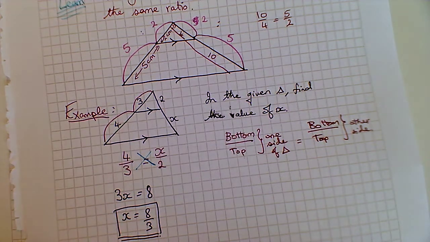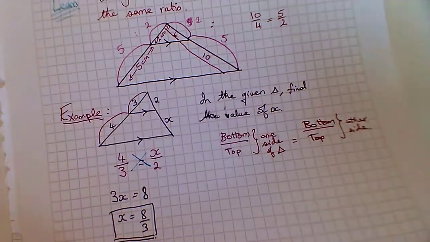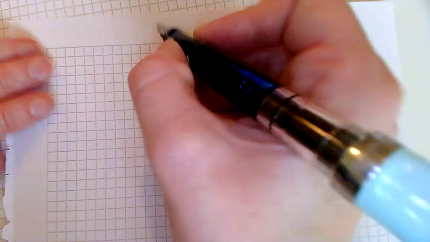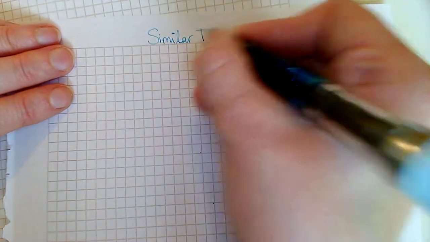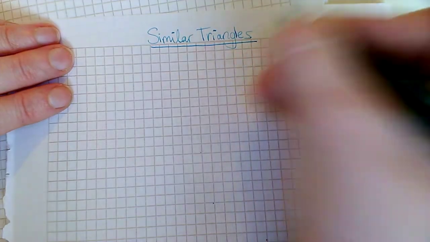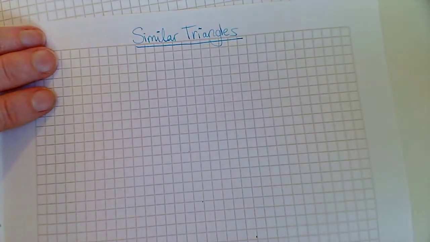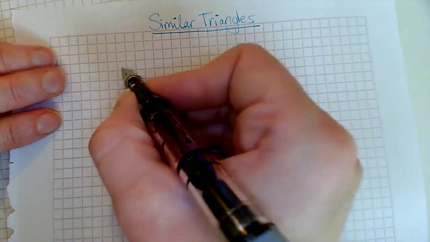Okay, we need a definition of a certain type of triangle before we look at the next theorem. Again, if you did higher level maths for junior cert, which I think most of you did, you've already seen this. It's similar triangles. Now, similar triangles are not the same as congruent triangles. They're basically like shrunken versions of each other.